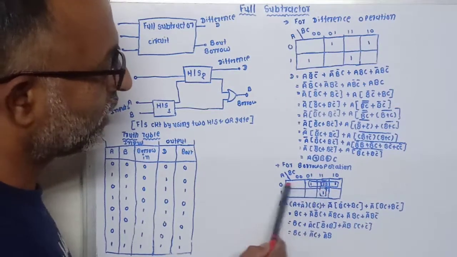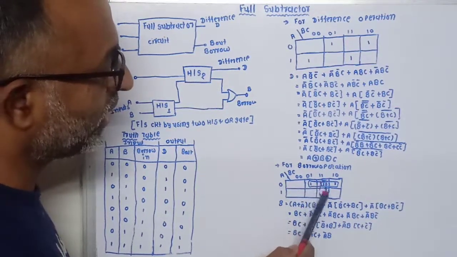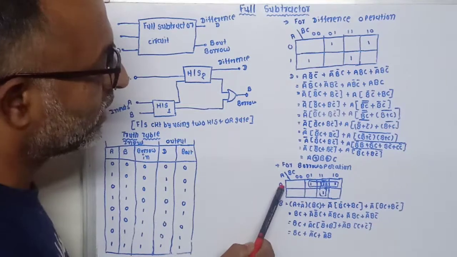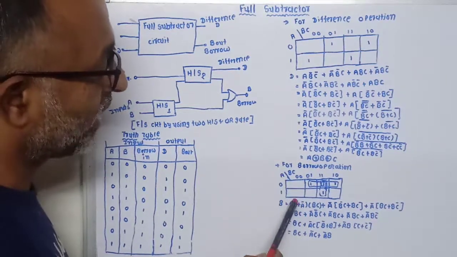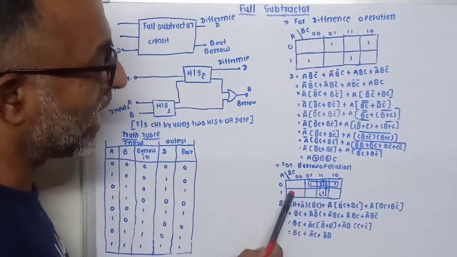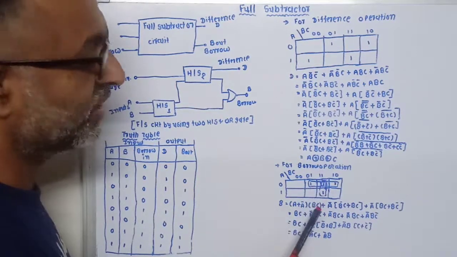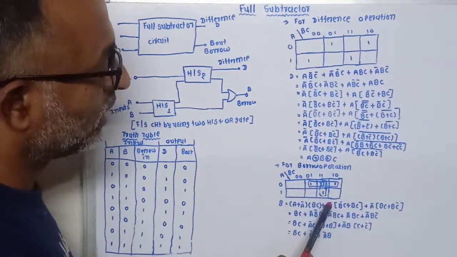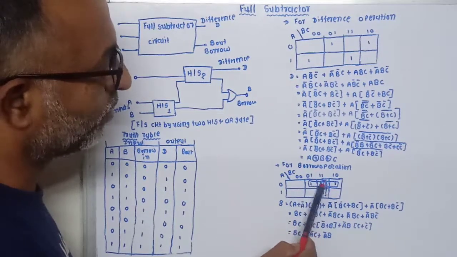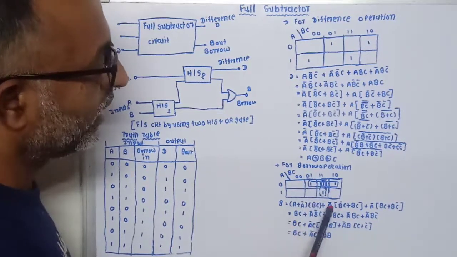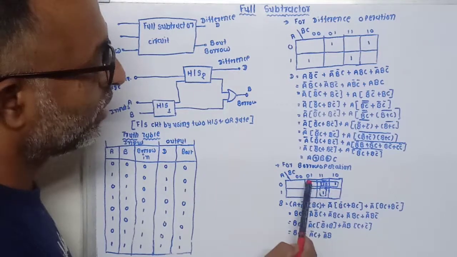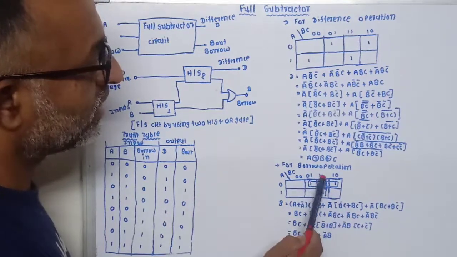So for that group, you require 0 and 1 for A. That's why I am writing A plus A bar into here it is BC. Now for the second group, A bar into B bar C plus BC.